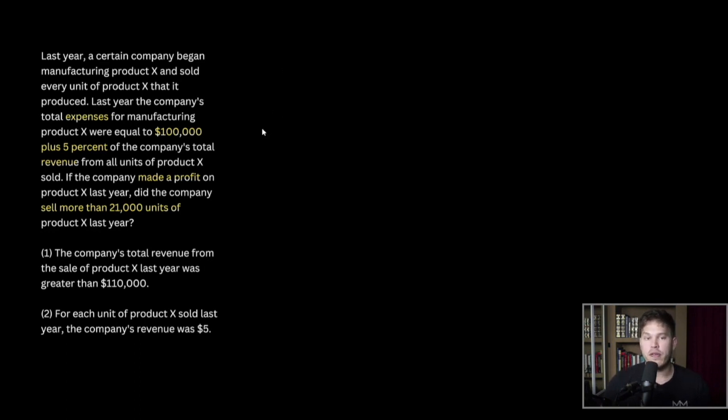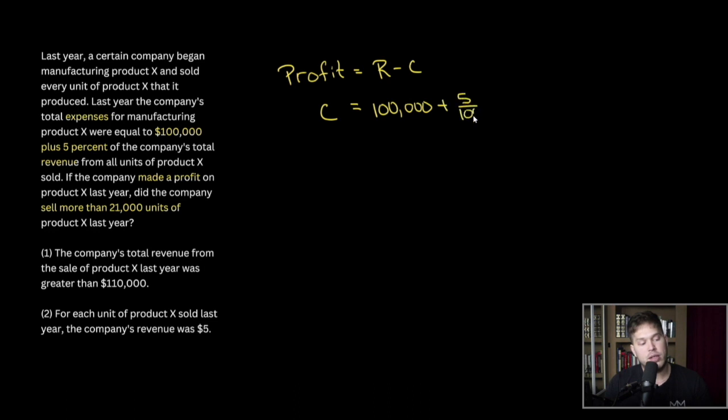We're dealing with profit, revenue, and cost. So let's understand that profit is equal to your revenue minus our cost. And we're told in the question that our cost is equal to $100,000 plus 5% of our revenue. So if we plug this in for C, we would see that our profit is equal to our revenue minus $100,000 plus 5% of revenue.